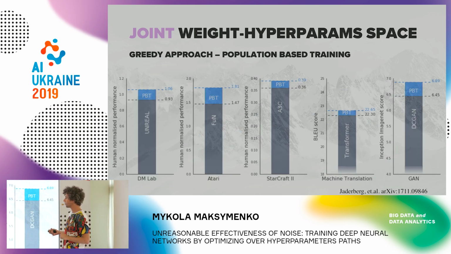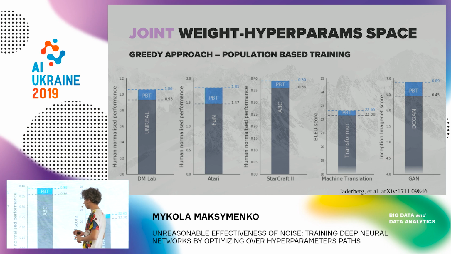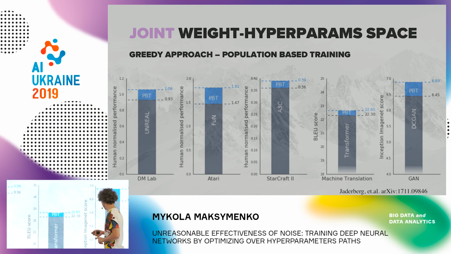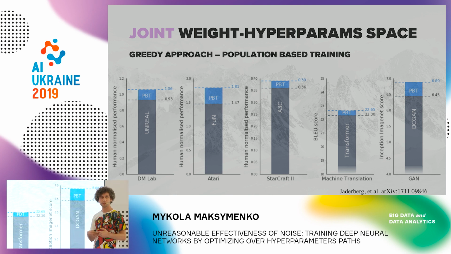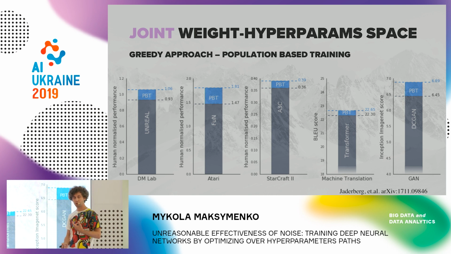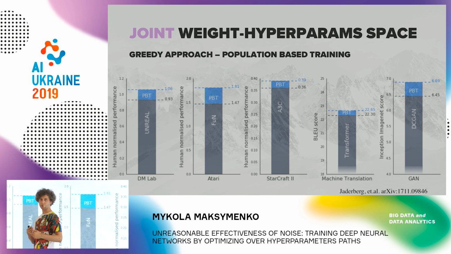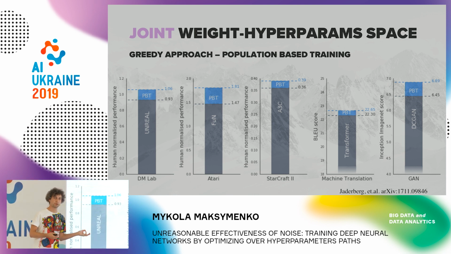They showcase that on a range of models, for example, StarCraft, Atari, then on machine translation and GANs, and in all of these examples, it is much more powerful than the standard parallel grid search. But still, there is a problem.